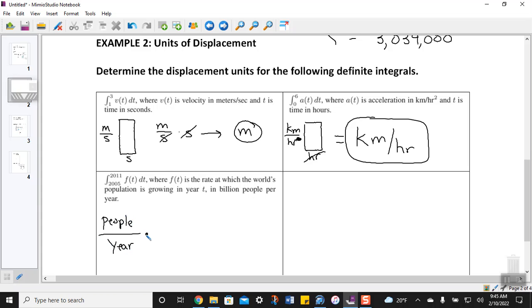Or times a year. So won't this be the number of billions of people? Yeah. Number of billions of people there, okay? Number of billions of people.